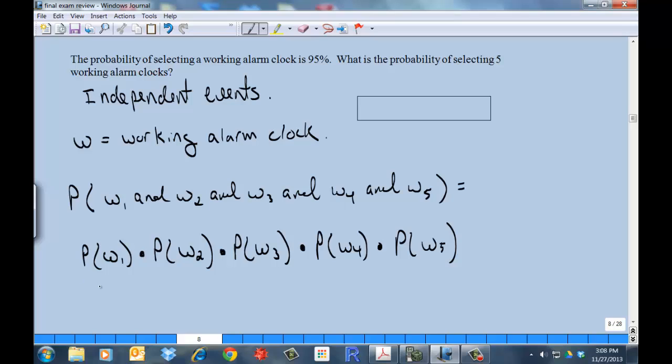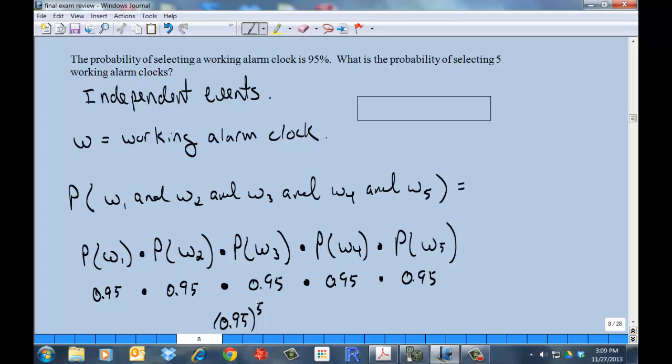And so this is 0.95 times 0.95, or 0.95 to the 5th power.